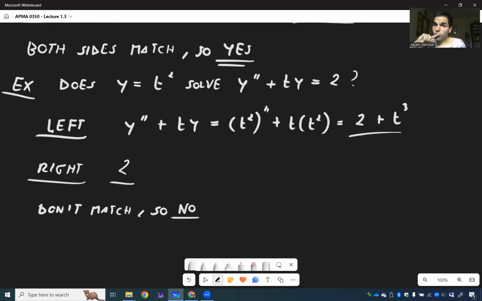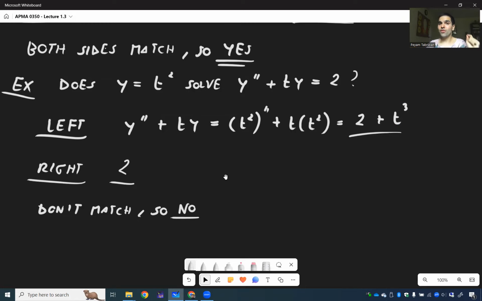Okay, I do want to say a remark that confuses a lot of students, because notice it does match for a particular value of t, namely t equals 0, but the short answer is we don't care about that. If something solves an ODE, it needs to solve it for all t, or maybe all positive t, or at least an interval.